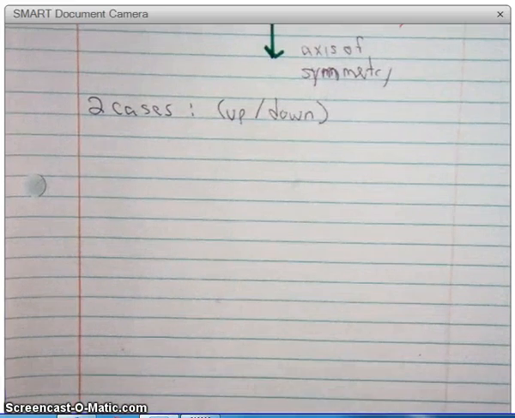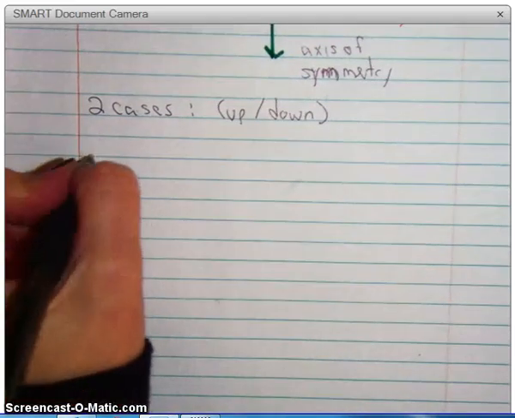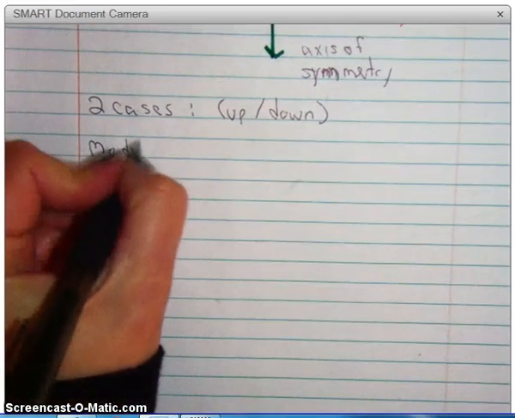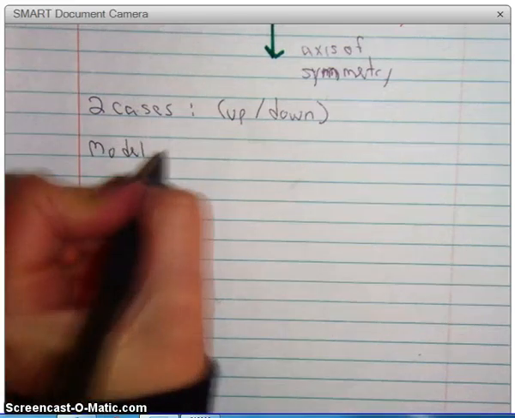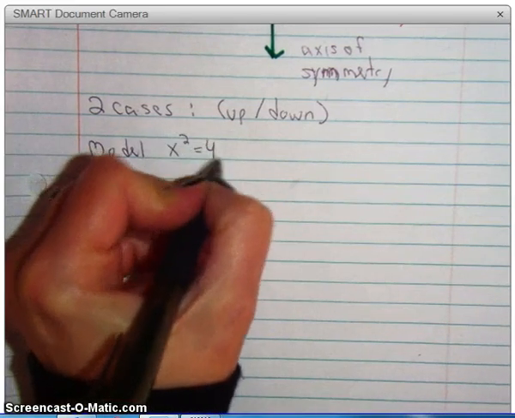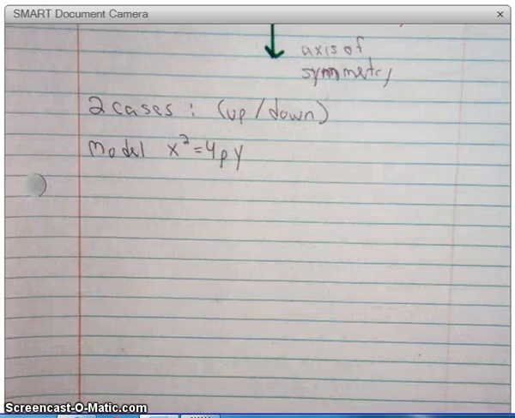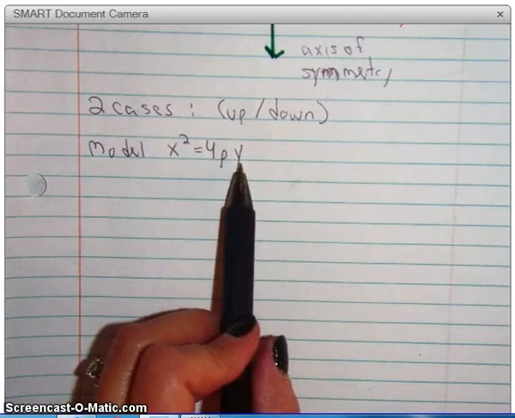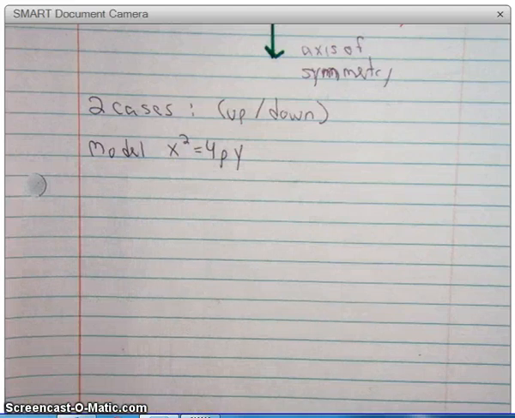The model is x squared equals 4py. Now, if you solved this for y, you'd get y equals x squared over 4p. Those are the parabolas that you graphed in Algebra 2. Those either open up or open down.